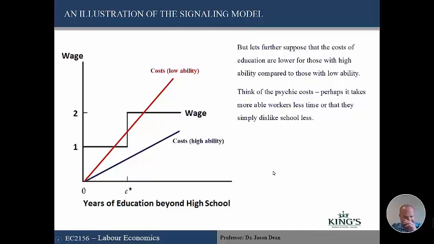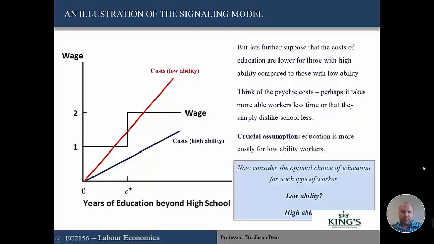Okay, so now let's think about the optimal choice of education for each type of worker. Consider a low ability worker. If they choose to get E-star, they'll get a wage of 2, but their costs are going to be here. And the difference between 2 and whatever this value is here is less than 1.